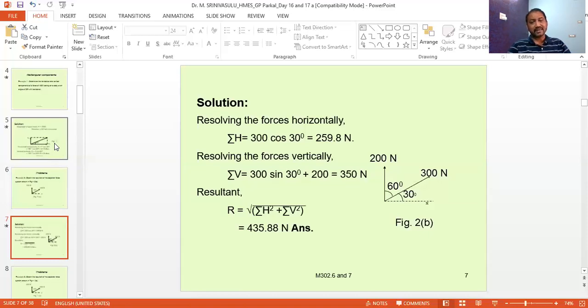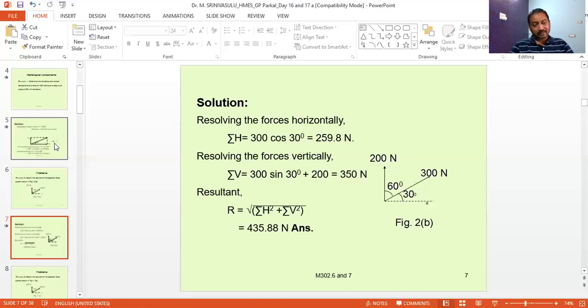The first one is the vertical component of this 300 newtons, which is 300 into sin 30, and it acts upward in the first quadrant, so it is positive, plus the vertical component of the vertical force, which is nothing but the force itself, because the force has only one component, the vertical component.